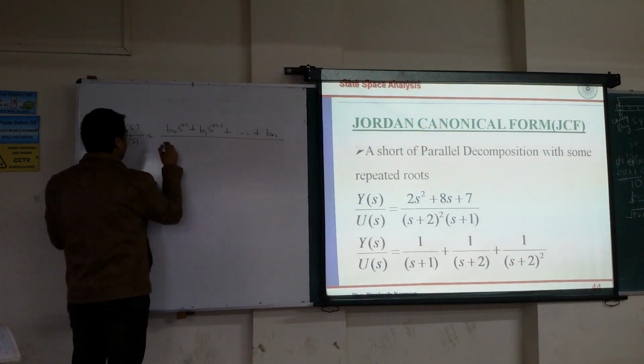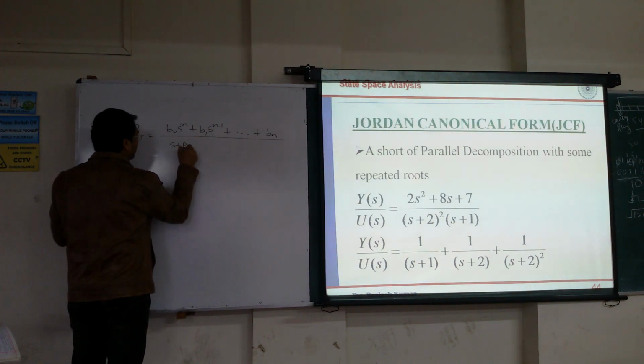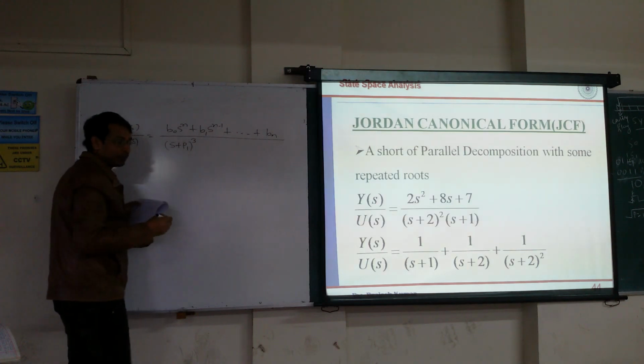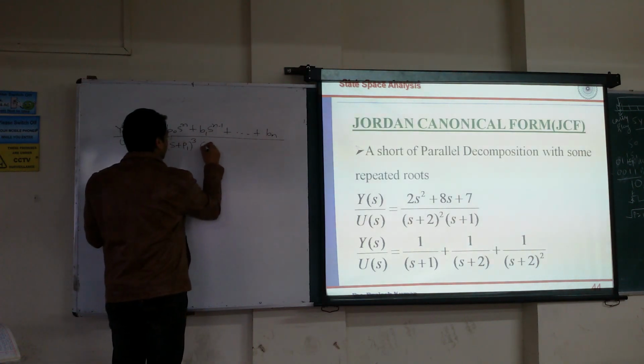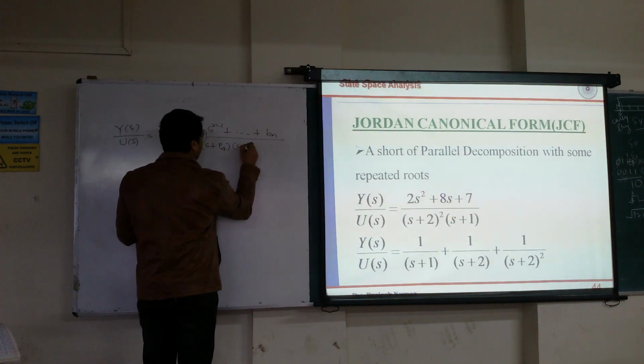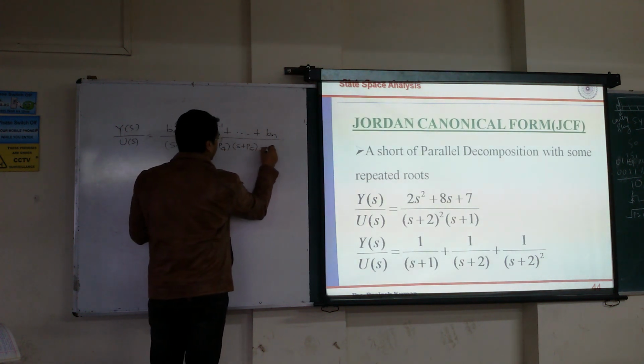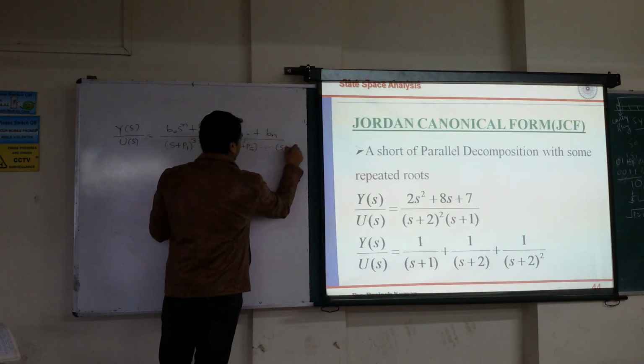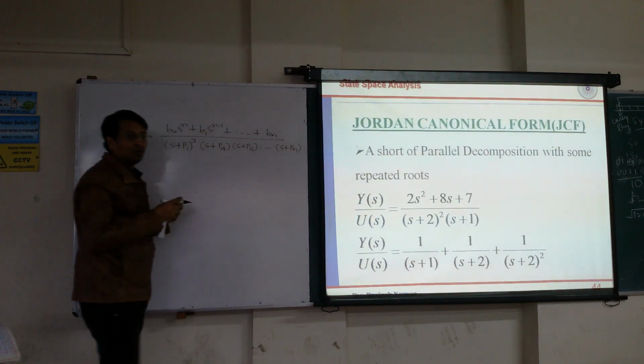Say root p1 is repeated thrice, s plus p1, then s plus p4, s plus p5 and up to s plus pn. All other roots are not repeated.